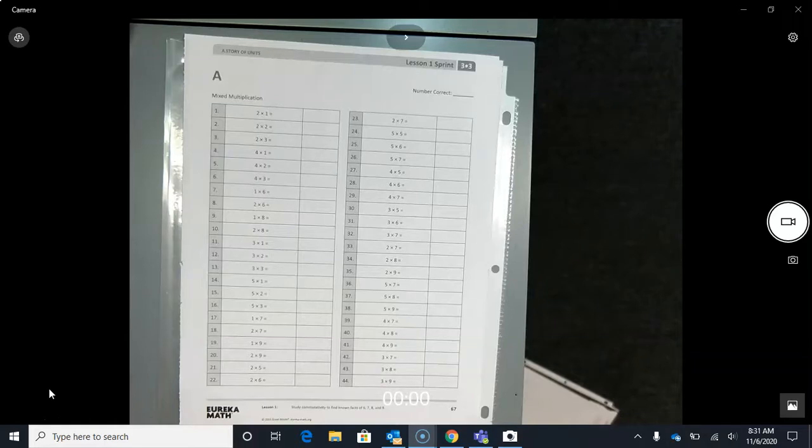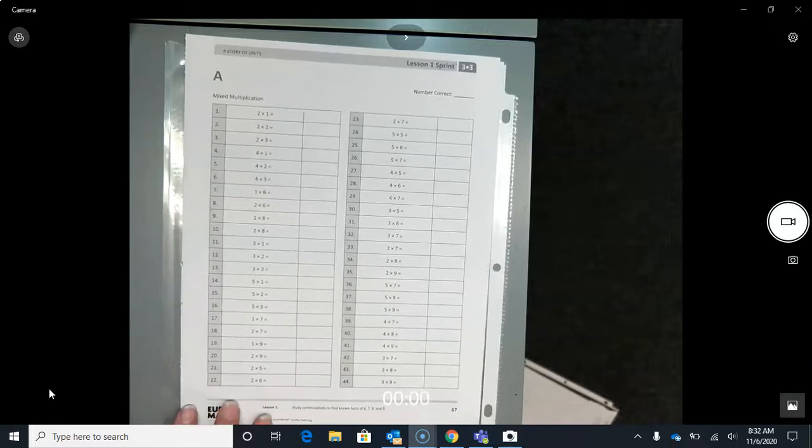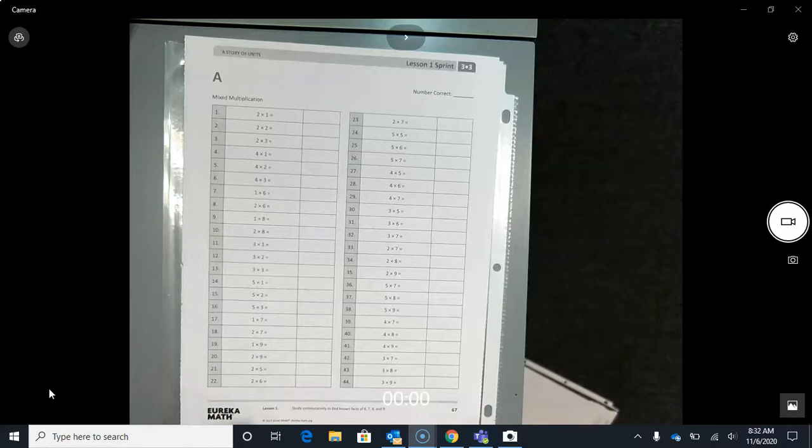Keep on working, keep on working. You've got about 30 more seconds. Our time is about halfway through. Keep pressing forward and see if you can get all 44 of these correct. 20 more seconds.